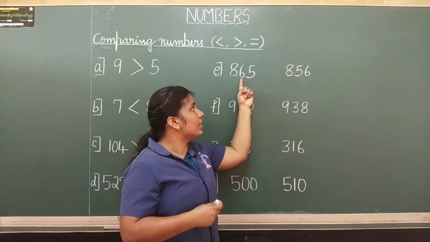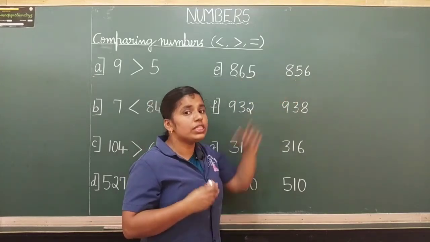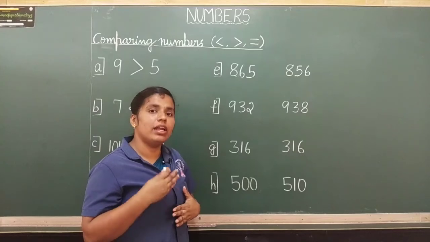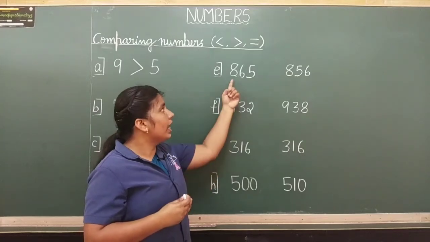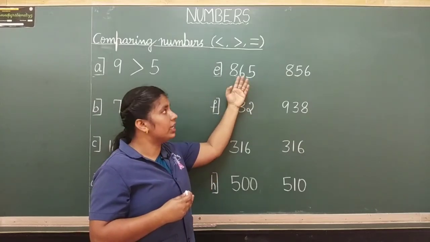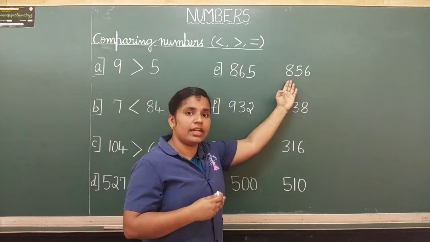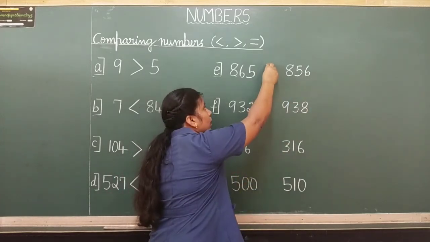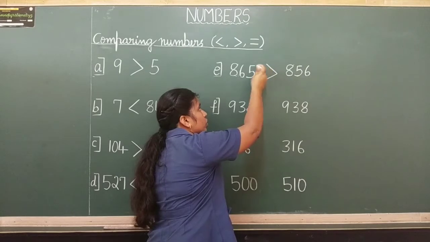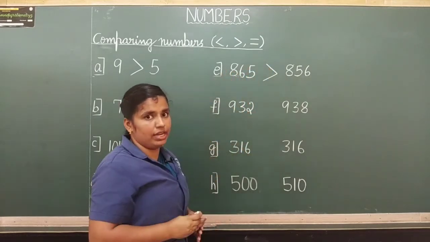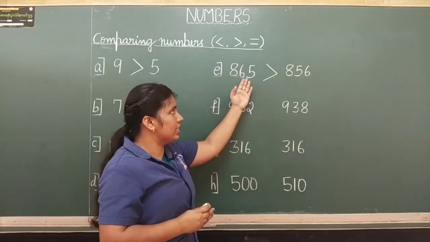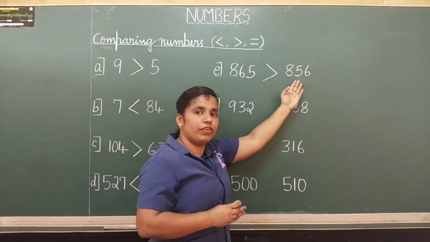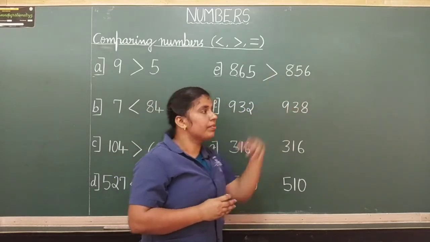When we compare 6 and 5, which is greater? 6 is greater than 5. Therefore, 865 is greater than 856. So, while putting the symbol, the open side should show the greater number.